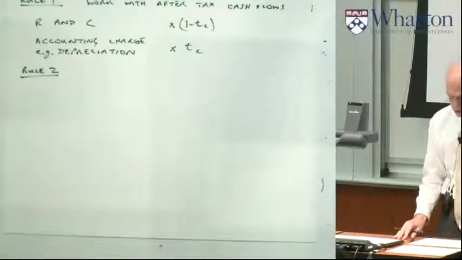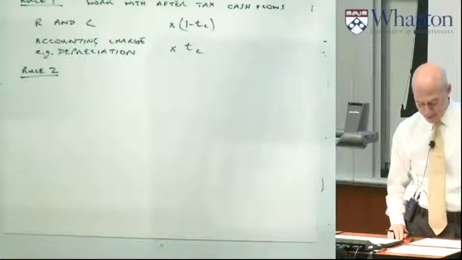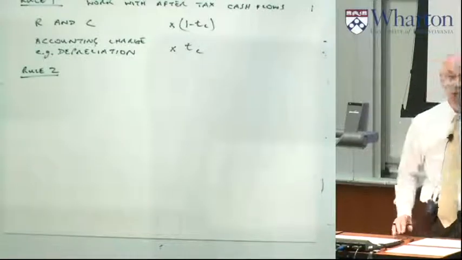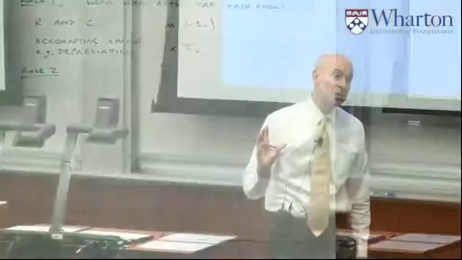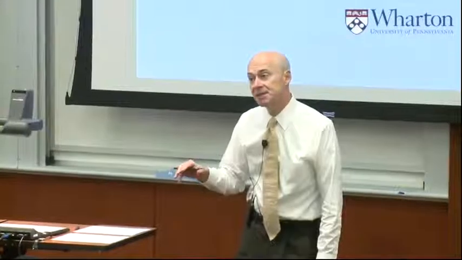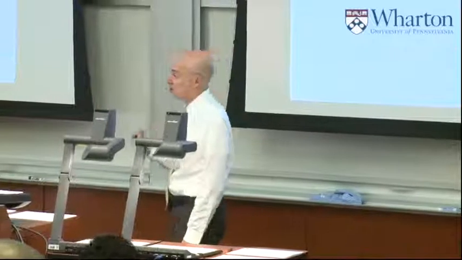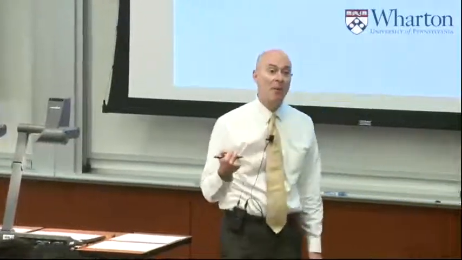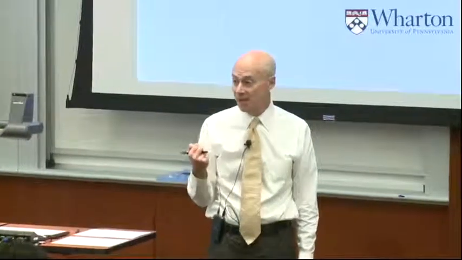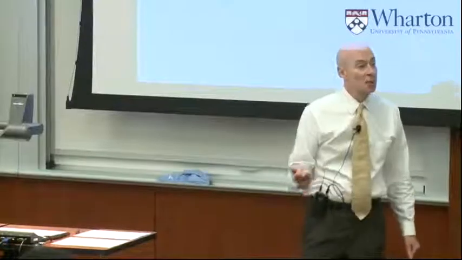Rule 2 is to do with timing of cash flows. Remember, accounting revenues and costs don't actually correspond to cash flows. If you book a revenue, for example, doesn't mean you got the money necessarily, and the money you didn't get, we record in the accounts as an accounts receivable.